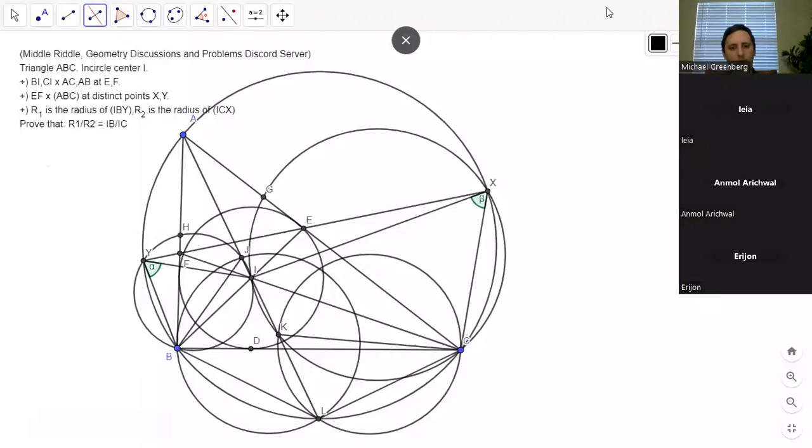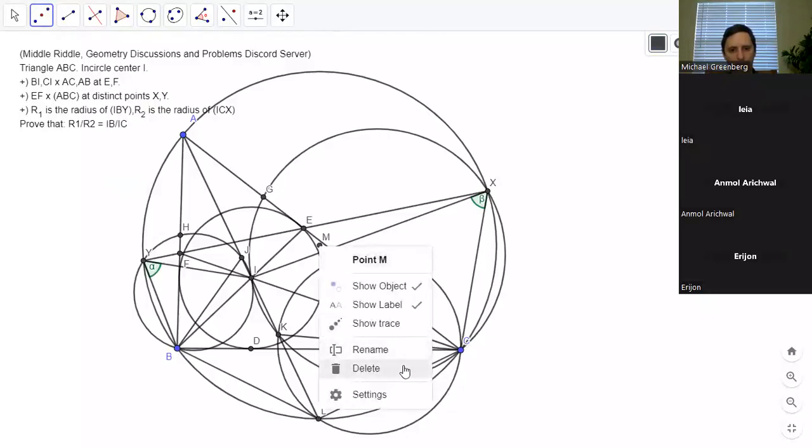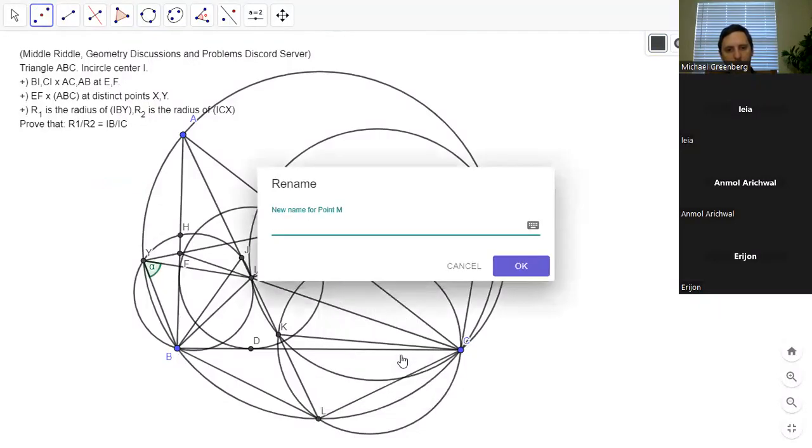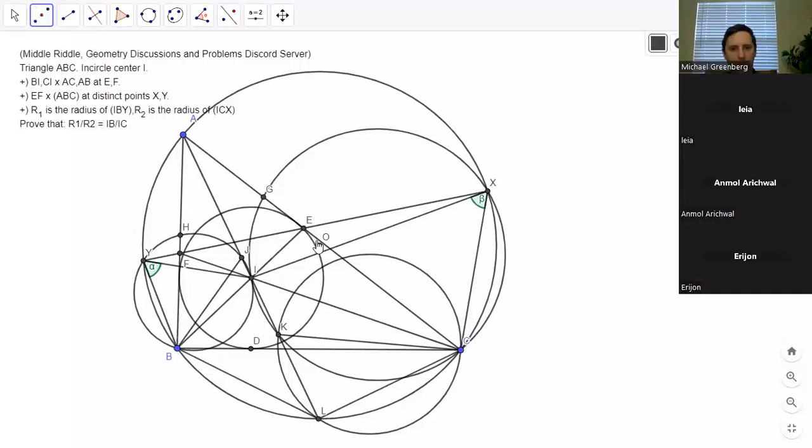So another way we could do it is, if we label the center of this circle, we call it O. If we can show that O has the same power with respect to this circle and this circle, that would solve it.